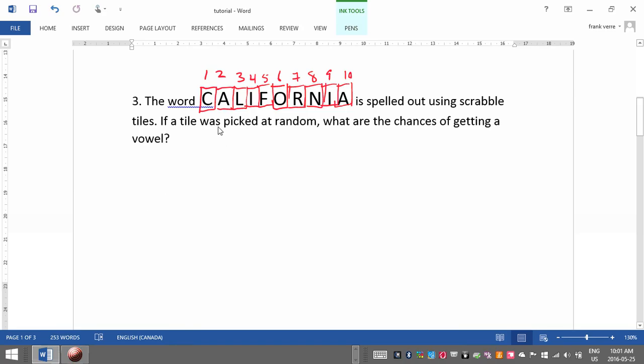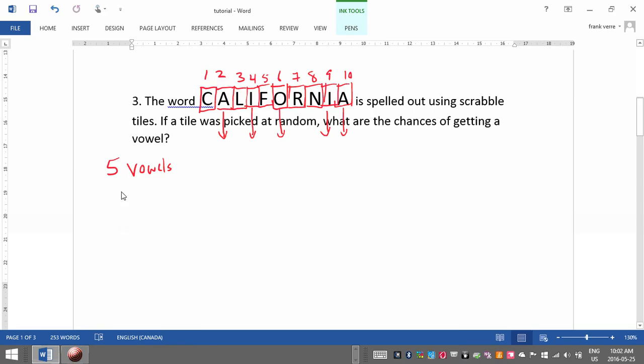Okay, so how many are vowels? So A is a vowel, so there's 1. I is a vowel, there's 2. O is a vowel, there's 3, 4, 5. So the word California has 5 vowels. Okay? So what are the chances of getting a vowel?